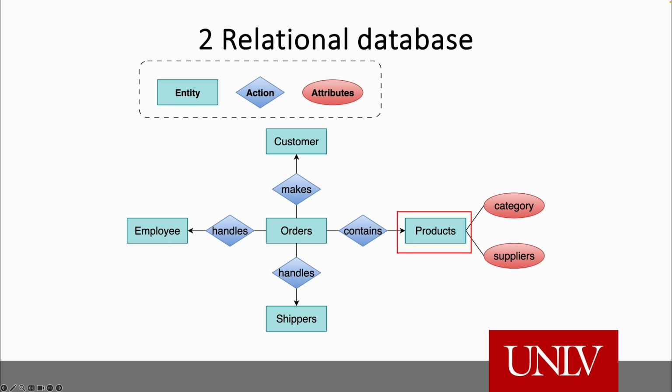The product entity holds all the items available for sale. Products include additional attributes like category and supplier. So in this simplified ERD, these are shown as attributes. But in a full database model, they could also be separate entities with their own tables and relationships. So this ERD illustrates how entities, relationships, and attributes work together to model real-world business processes within a relational database.